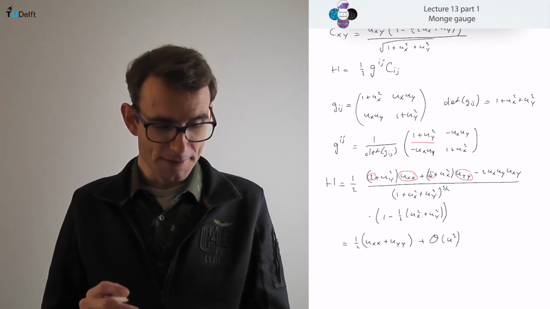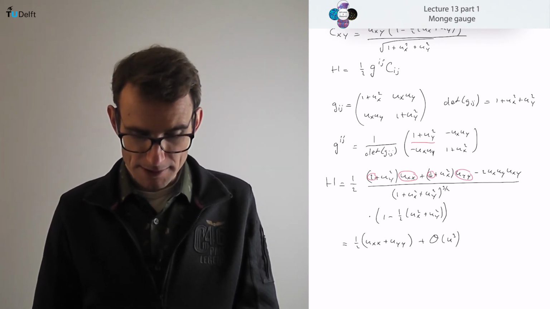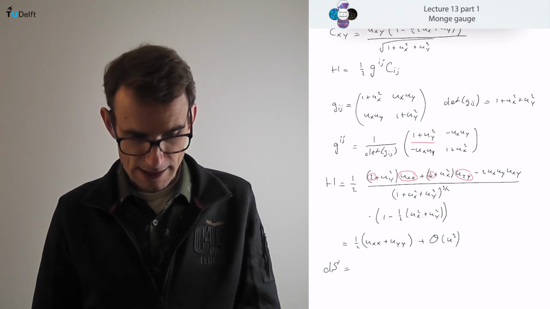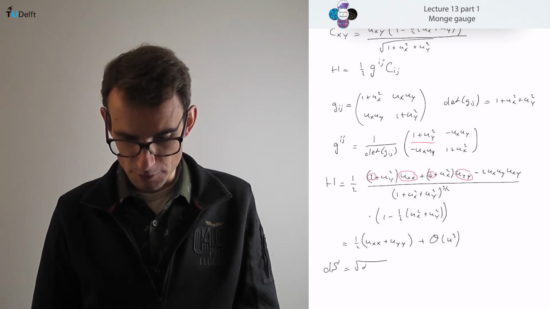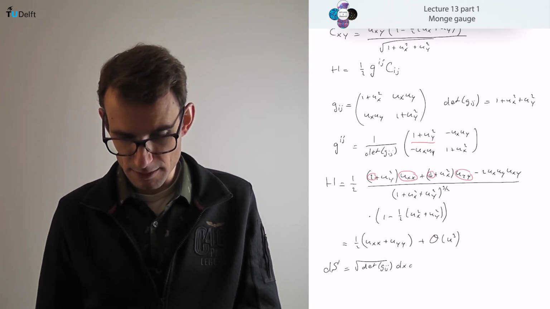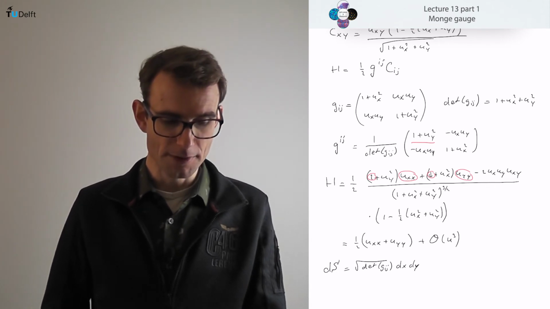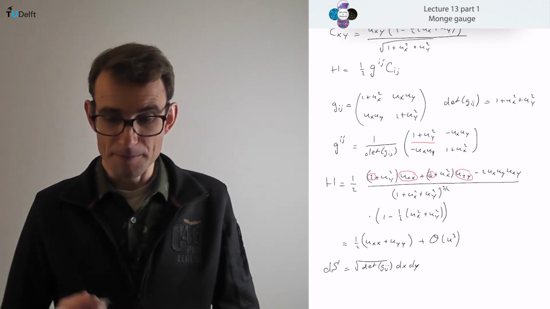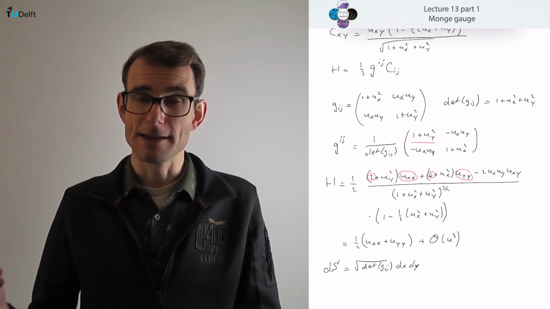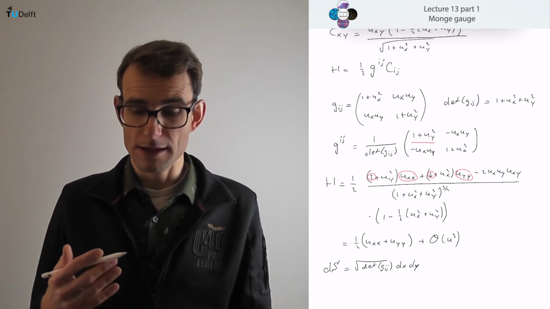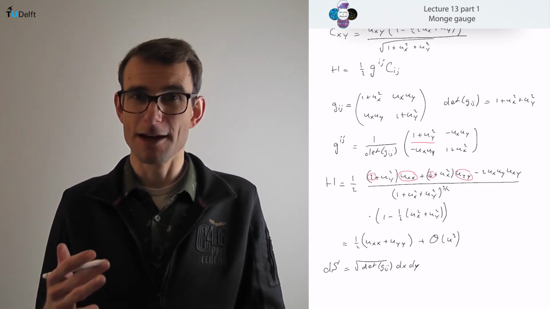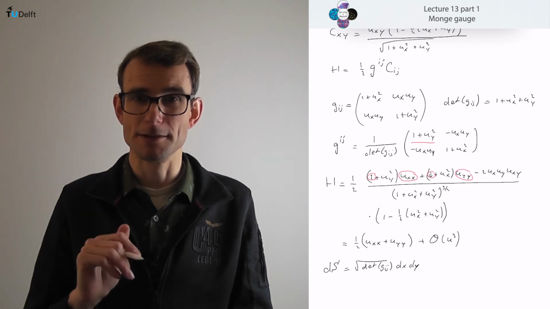Now you can do the same thing for the area element. The total area element is the square root of the determinant of the metric times the reference area element, which is just dx dy. We know what the determinant of the metric is, and then we can expand that one too. To 0th order, that's just 1, which is what we would expect, since there should be a term that's independent of u.